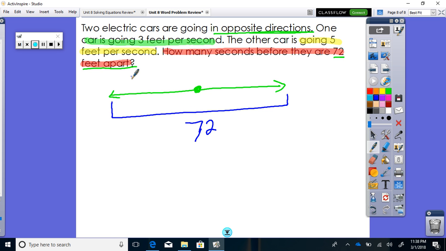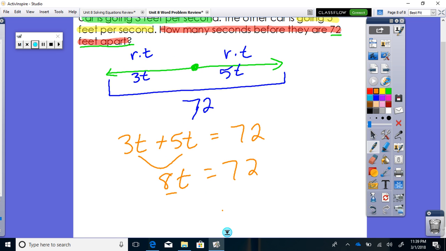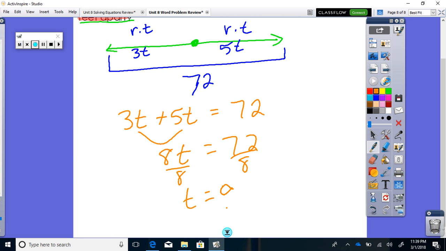The first car is moving at 3 feet per second, so its distance is 3t. The other car is going at 5 feet per second, so 5t. So altogether, when you add them up, it'll equal 72 feet. Combine like terms: 8t equals 72, divide by 8, and you get t equals 9.